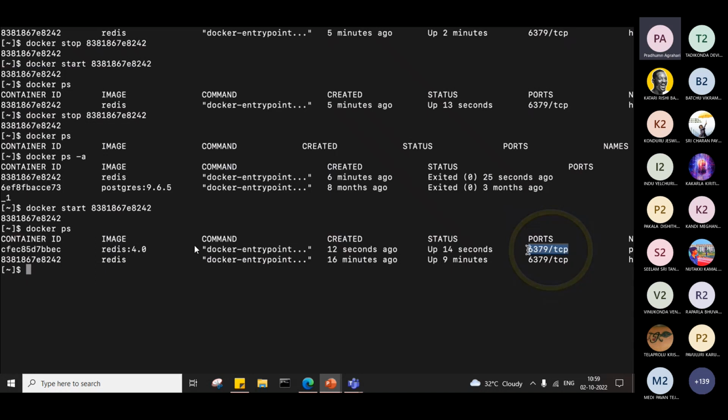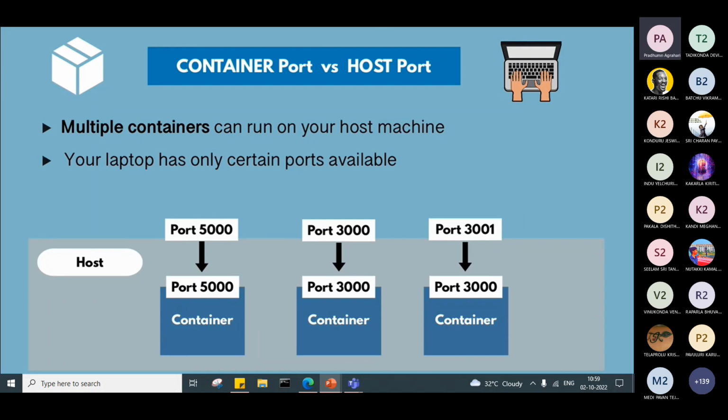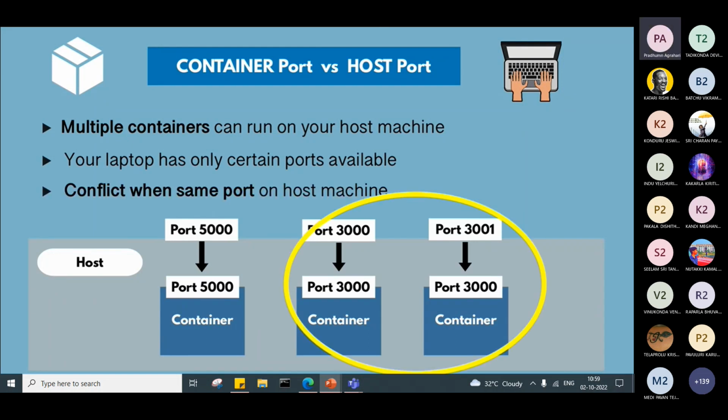Suppose we have Redis in two versions, 4.0 and the latest version. By default both will bind to the same port, 6379, which is the local port, not the container port. So we need to change it for one of them, otherwise it will give an error because of the conflict.